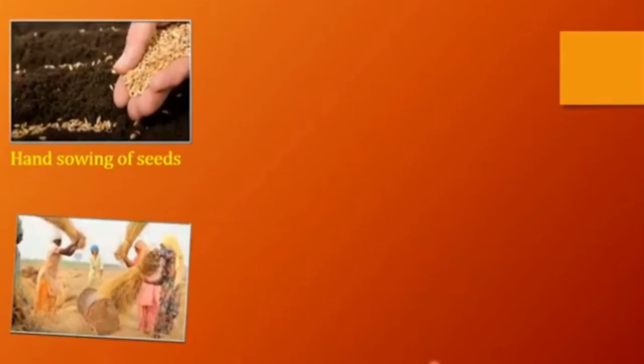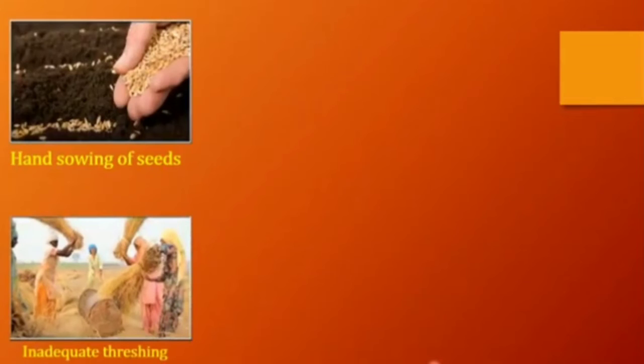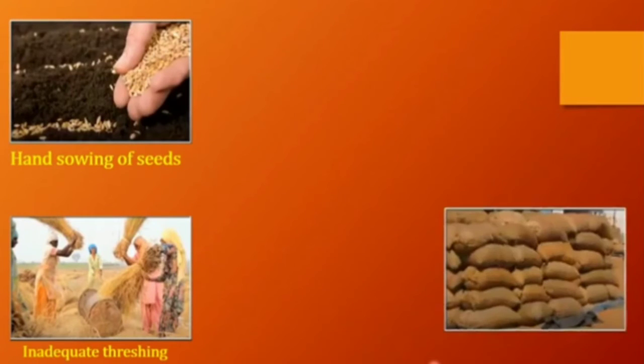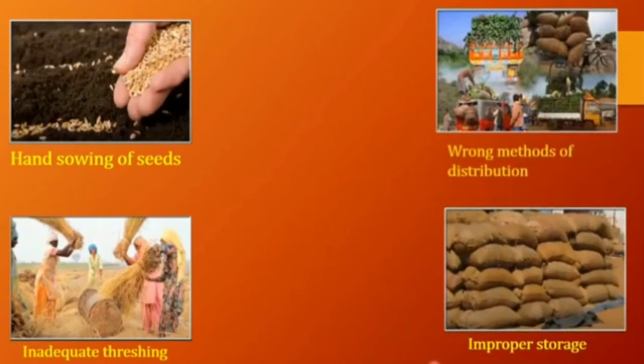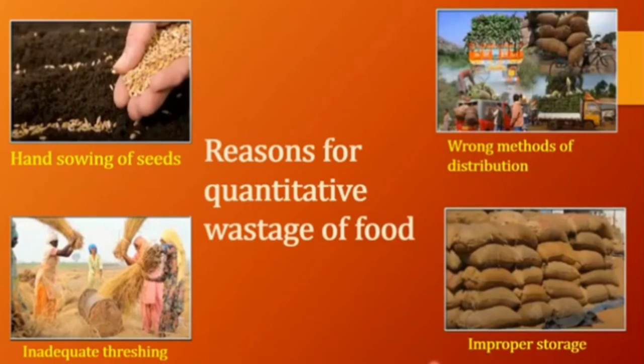Here, children, wrong methods of farming like hand sowing of seeds, inadequate threshing, improper storage, and wrong methods of distribution are some reasons for quantitative wastage of food.